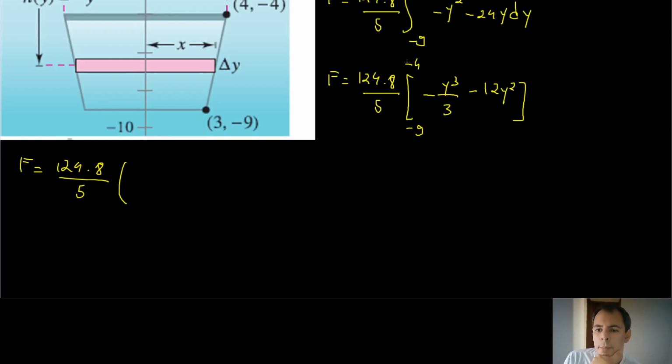So you got a minus, cubed is just going to continue being a minus, and you got a minus here, so it's going to be a plus. So it's going to be 64 over 3. And this one here is going to be a minus because 16 times 12, but there's a minus here. So it'll be 16 times 12. I'm just going to set it up.